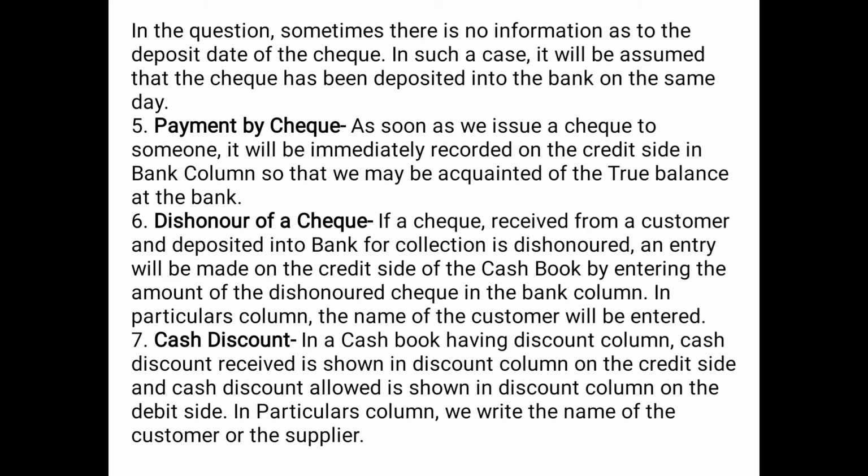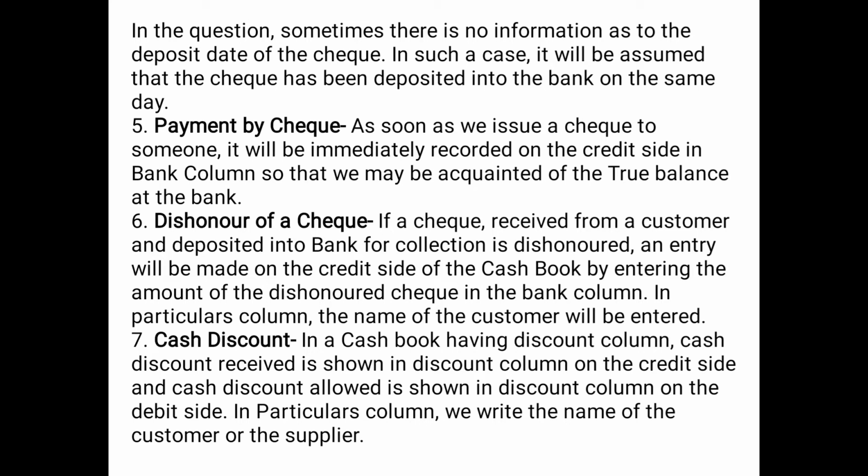Trade discounts are calculated and deducted, but are not exclusively shown in the books of accounts, whereas cash discount is both calculated as well as shown exclusively in the books of accounts. Therefore the discount column which we are making in the cash book is related to only cash discount, because cash discount will be given at the time of cash transaction, and the cash book records only the cash transactions.